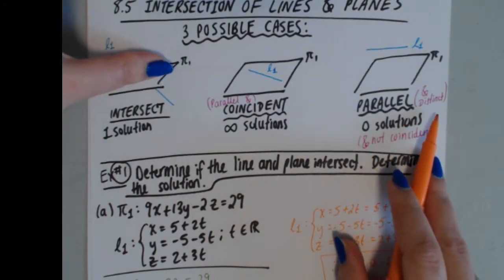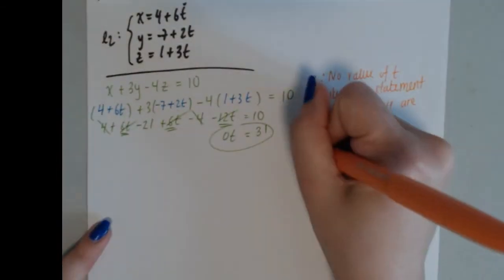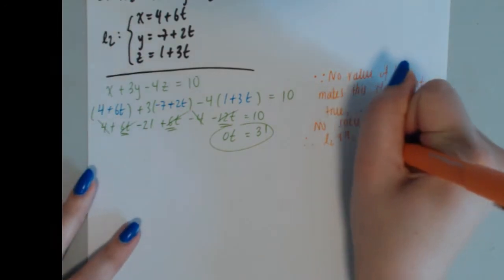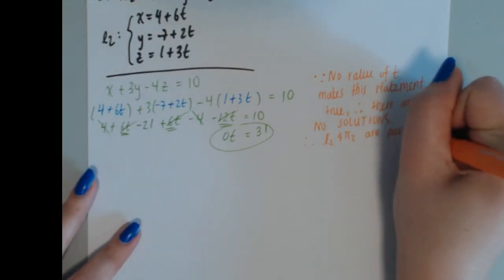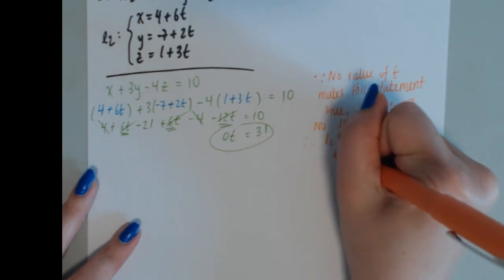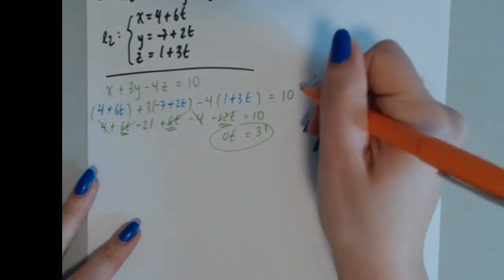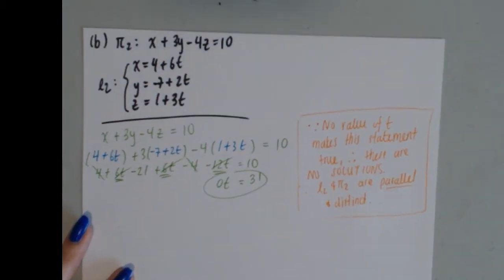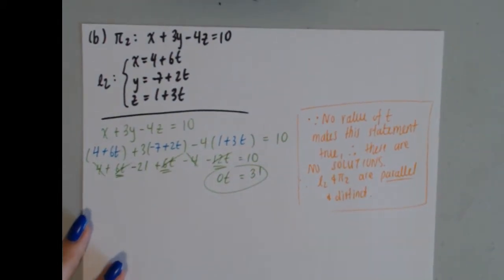Okay, so parallel and distinct, or you can call it parallel and not coincident. Okay. So therefore, L2 and pi2 are parallel. Hey, you could just call it parallel, but I'm just going to write parallel and distinct. Okay, so there is our result for part B.